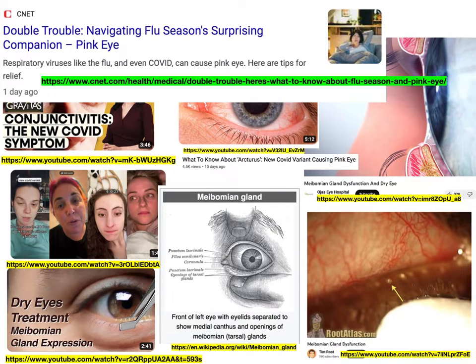Prior COVID infections, by damaging meibomian glands and/or lacrimal glands, could make eyes more susceptible to COVID-2, influenza, and RSV. So it is very important to recognize that with the prevalence of circulating respiratory viruses during the winter months, the eyes are particularly vulnerable to infection.